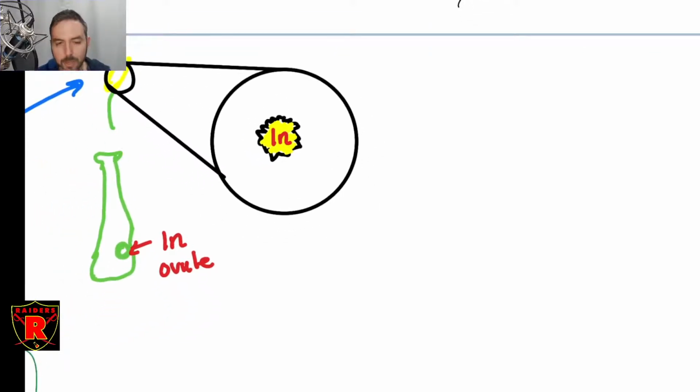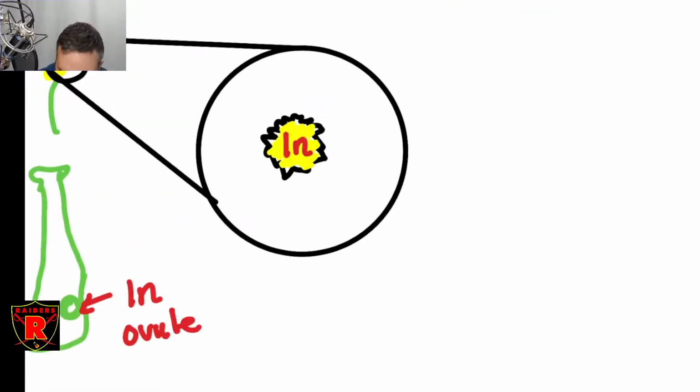To be clear, some types of plants have one 1n gamete and some have two 1n gametes within a single pollen, but in either case there are 1n cells located inside of the pollen. I'm going to put two in this one.